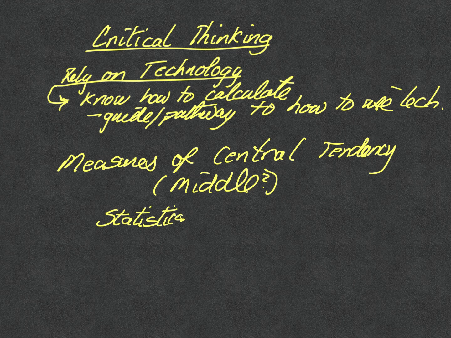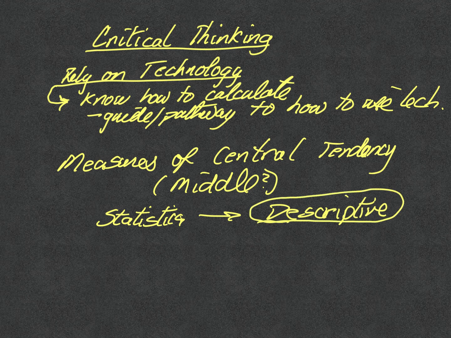And when we name those statistics, they come under a category of what we call descriptive statistics. Why are they descriptive? Because they tell us where things are located, or how they look, or how to find the location of something. And so chapter 3 really is about descriptive statistics.